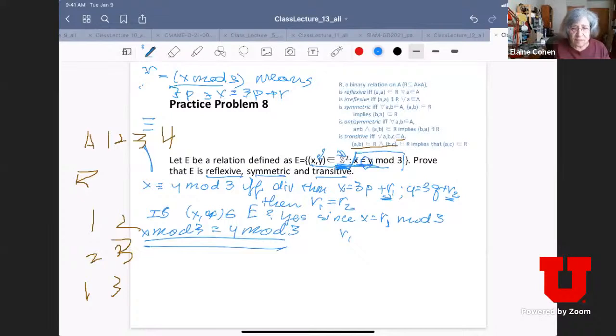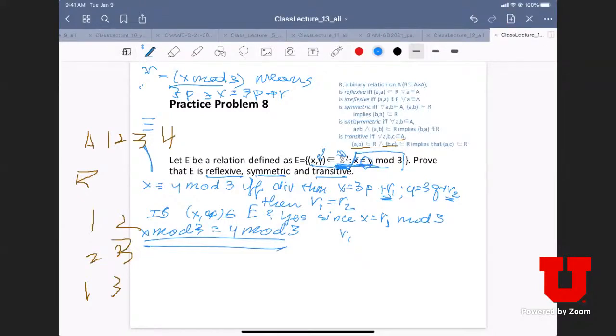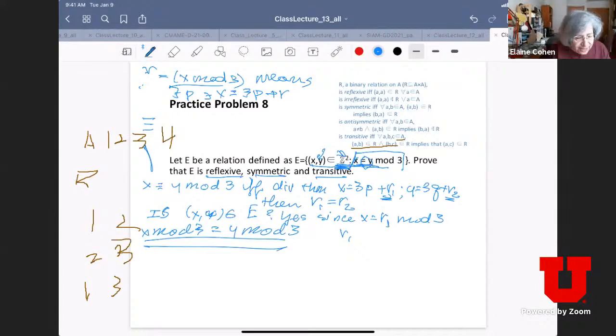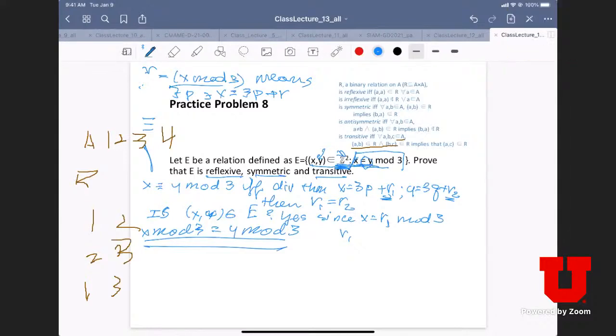If the relation is reflexive and symmetric, is that another kind of transitive?